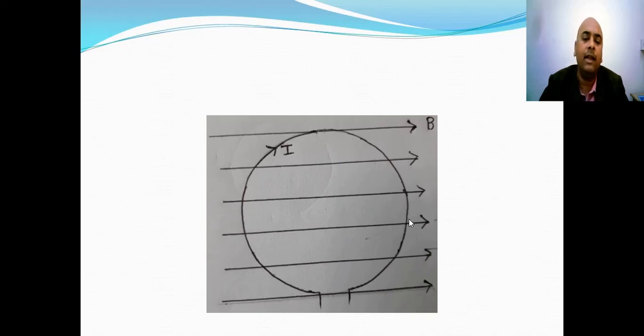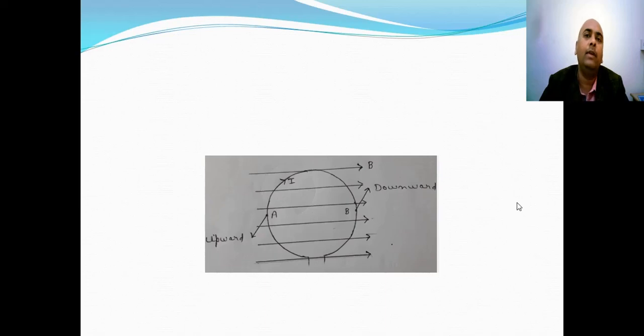So let us consider that there is a magnetic field which is parallel to the plane of the loop carrying current I. Again, in order to investigate the effect of the parallel component of magnetic field, let us consider 2 points A and B and calculate the magnetic force on point A and on point B by using Fleming right hand rule.